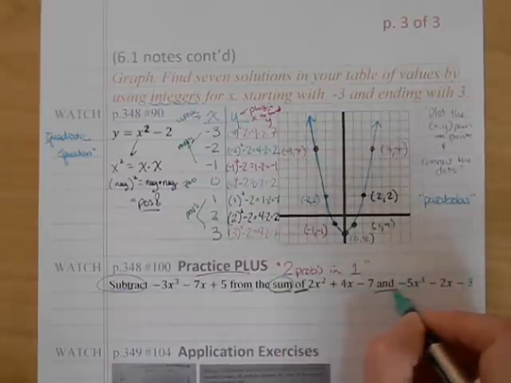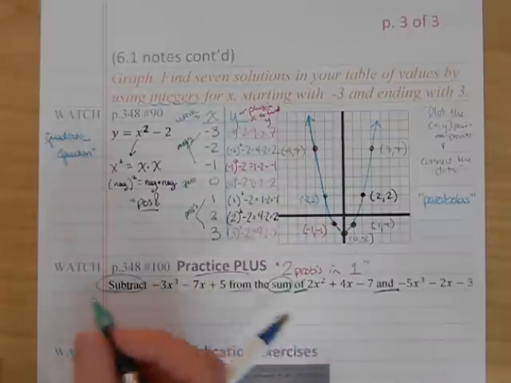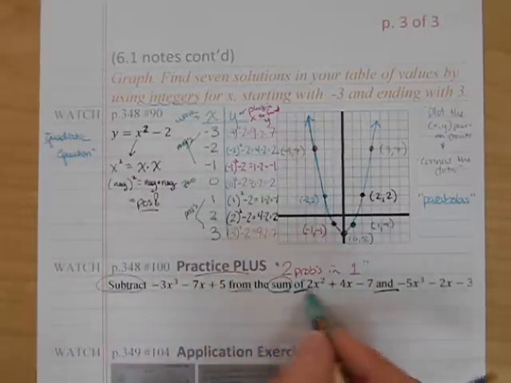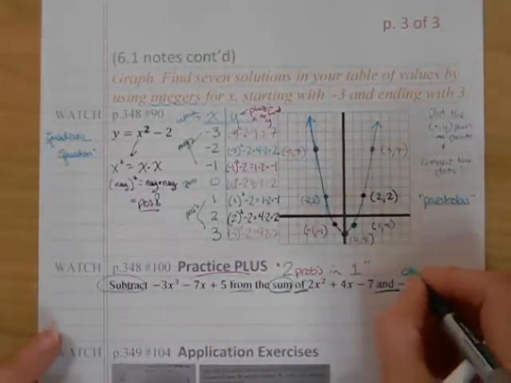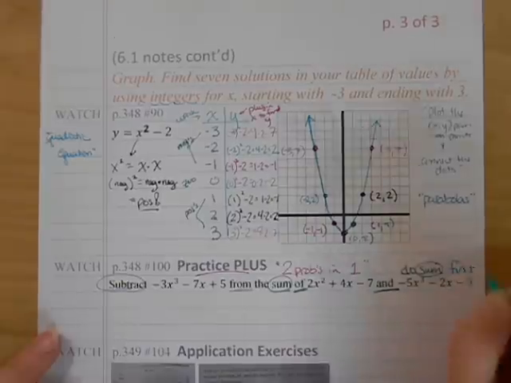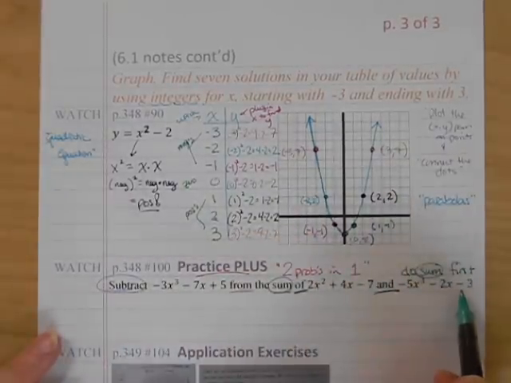So the sum of something and something. So in simpler terms, what's really happening here is we're subtracting something from 2 things that are already added together. So we really need to do this first. Okay, and then we can look at subtracting something from that entire thing that we've added together.